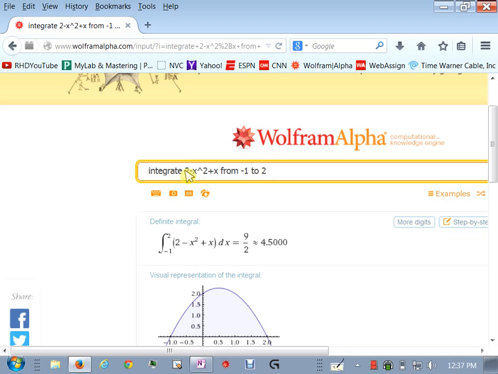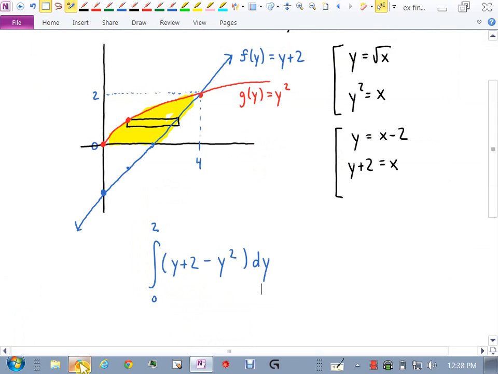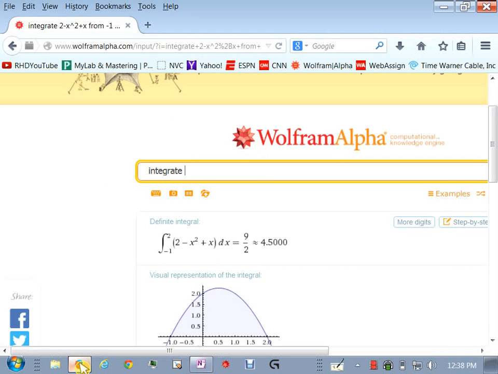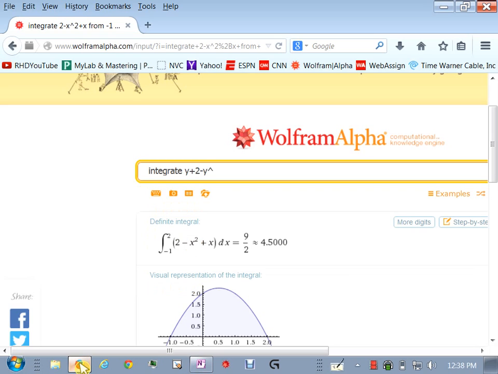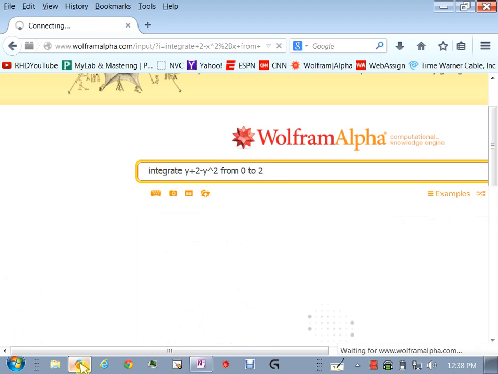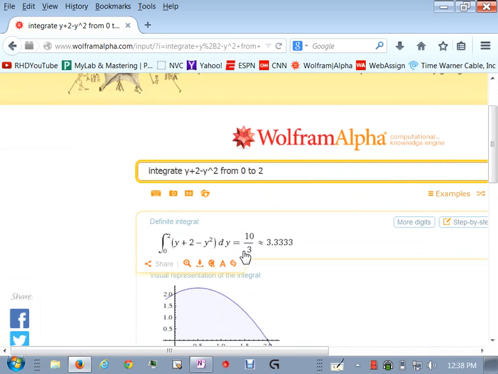I want to integrate y plus 2 minus y squared from 0 to 2. Okay, there it is. 10 thirds.